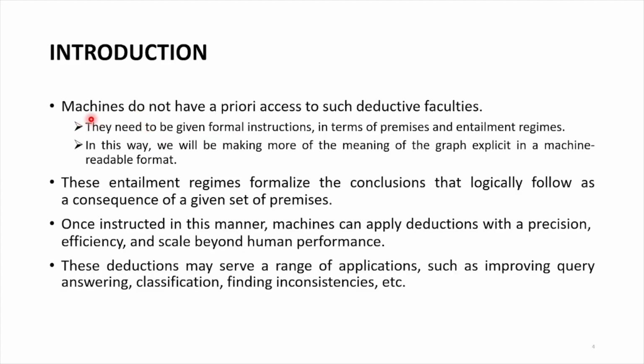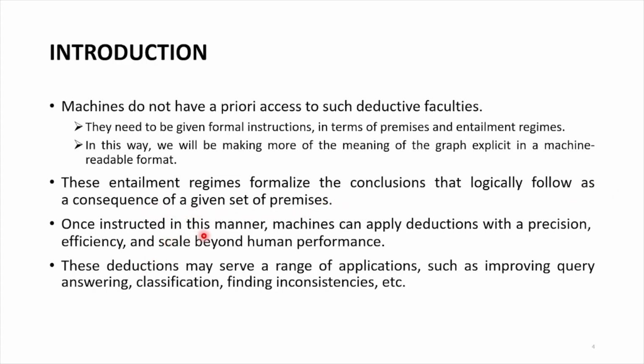In contrast, machines don't have a priori access to such deductive faculties. They need to be given formal instruction in terms of premises and entailment regimes. In this way, we will be making more of the meaning of the graph explicit in a machine-readable format. These entailment regimes formalize the conclusions that logically follow as a consequence of a given set of premises.